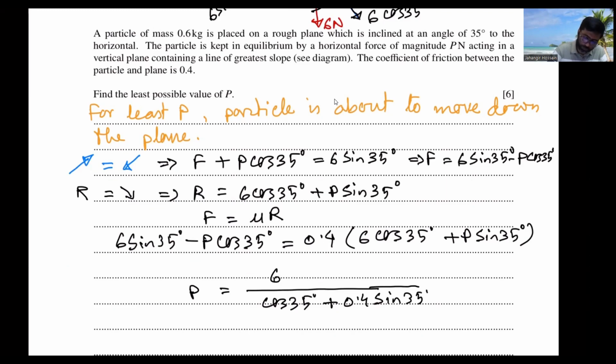In the numerator, we have 6 sin 35 minus 0.4 times 6 cos 35, which will be 1.41. That's the value of P.